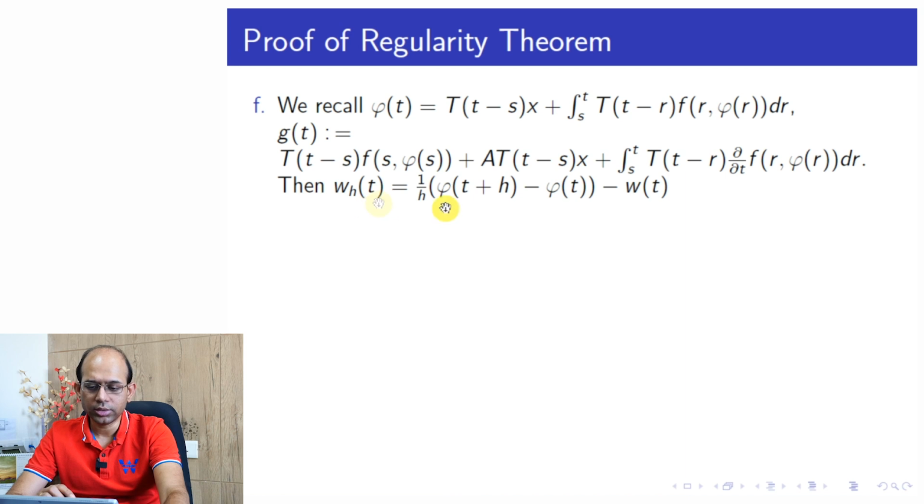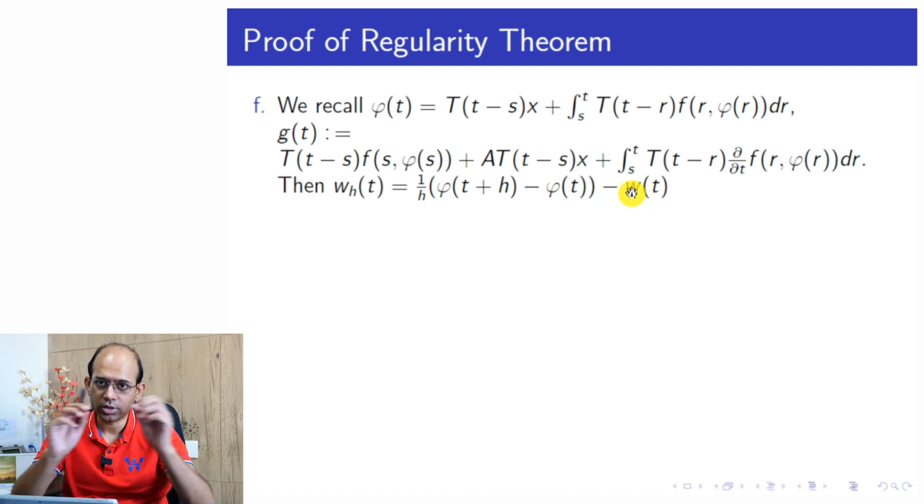So here phi(t+h) I can compute from this expression. phi(t) is written this way. So phi(t+h) is capital T(t+h-s)x plus the integral from small s to t+h of capital T(t+h-r) f(r, phi(r)) dr. Phi(t) also has this expression, so when you take the term by term difference, we can discuss first the difference of the first term, then the difference coming from the integral term, and then of course the full expression of W also.